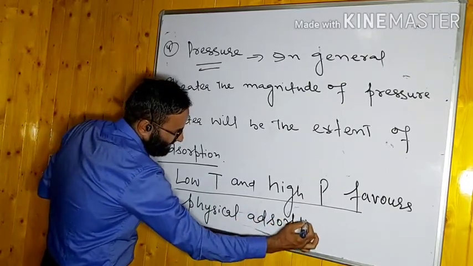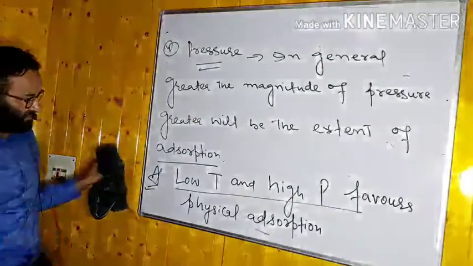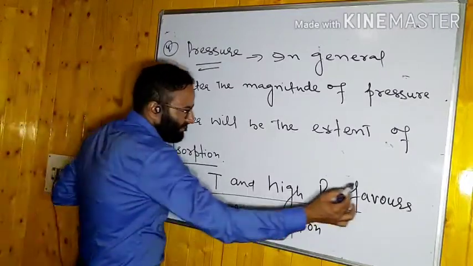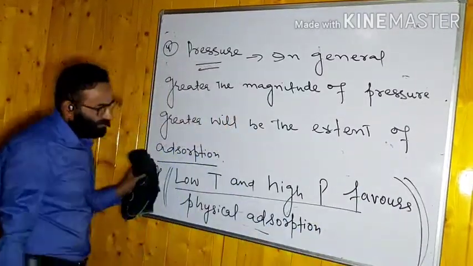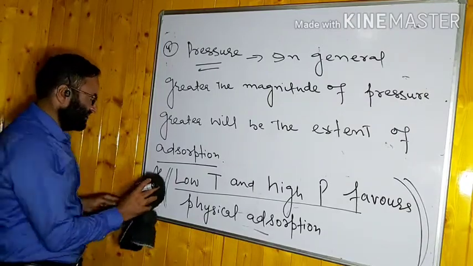When the interaction between the adsorbate and adsorbent is weak, that is physical, we have to discuss the types of adsorptions, but you have to remember this important point. Low temperature and high pressure favors physical adsorption.